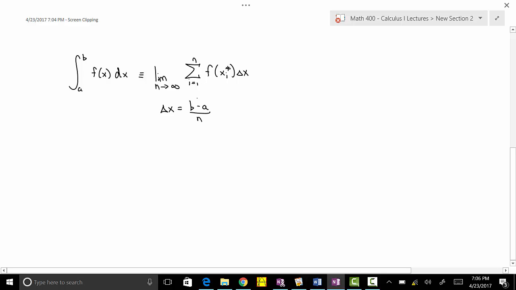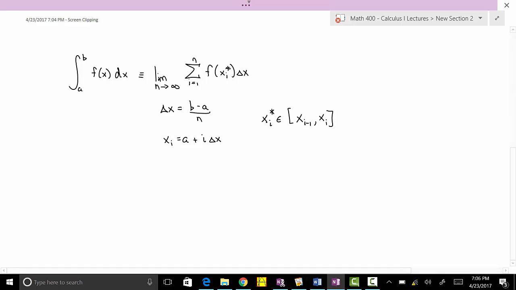The distance between the beginning and end point of the interval, and n is the number of slices, and then x sub i is equal to a plus i times delta x, and x sub i star, which I don't really make a big deal of in class, is a point somewhere in the closed interval from x sub i minus 1 to x sub i.